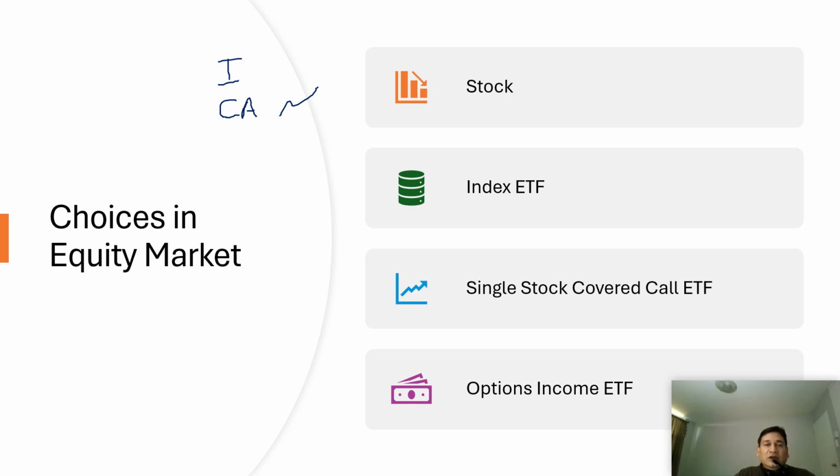Now that we have covered the first one, we move to the second one, which is the index ETF, or index exchange traded fund. An index is basically a kind of model which tracks the value of a basket of stocks. Let's say you have one stock here, one stock here, one stock here.